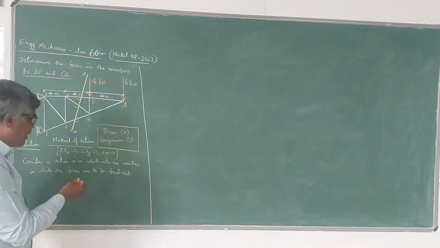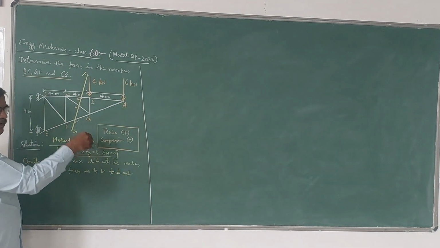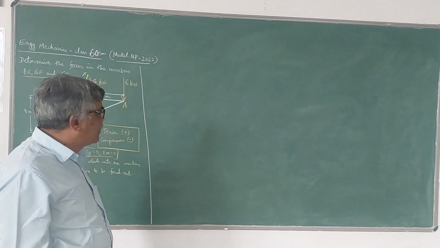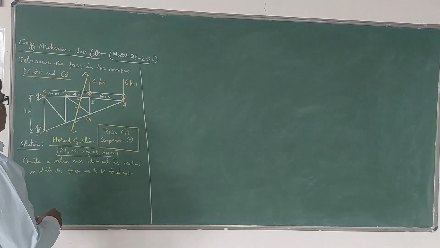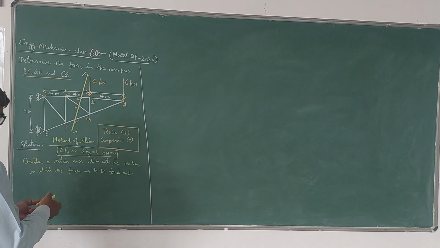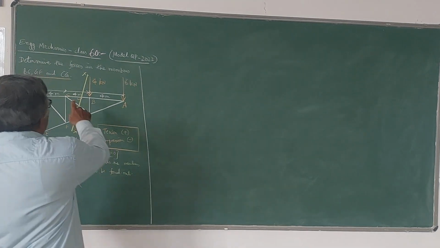Since we have three equations of equilibrium, definitely we can analyze by taking a single section. Now we have to consider one side of this section.